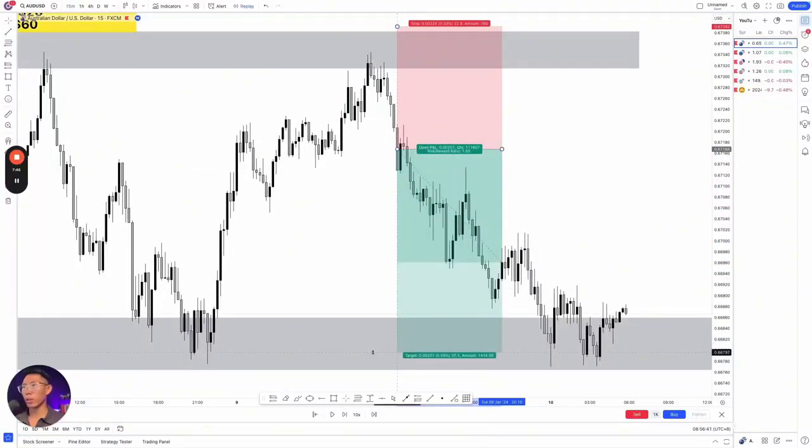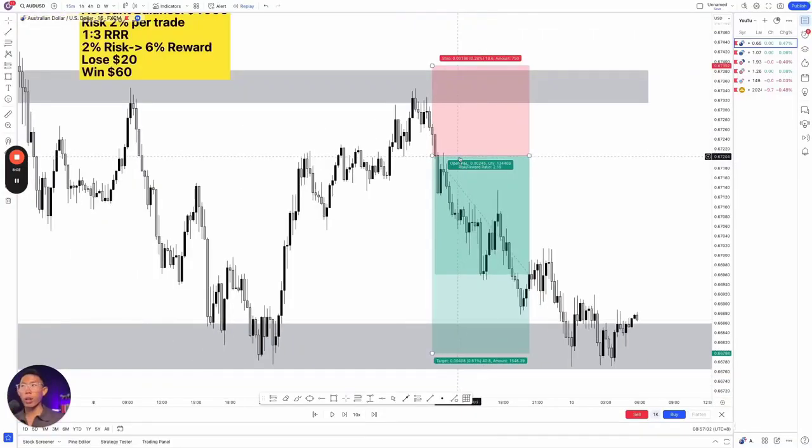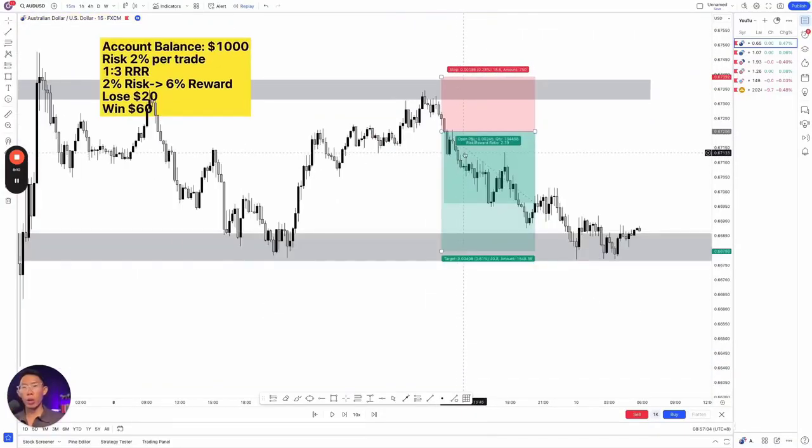Maybe I entered somewhere right around here where there was a 1:2 risk to reward ratio. When I say aim for 1:3, that is the scenario where it's perfect. Higher than 1:3 is perfect, right? That means you're risking a very small amount of money to make a lot of money. 1:10 is absolutely the best.